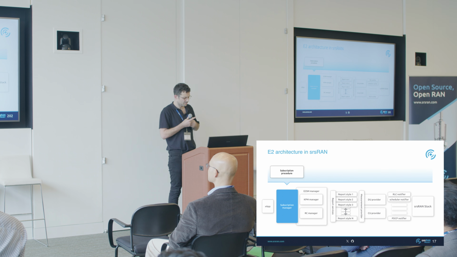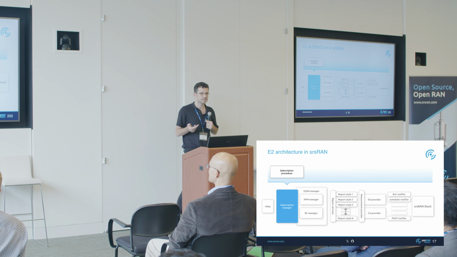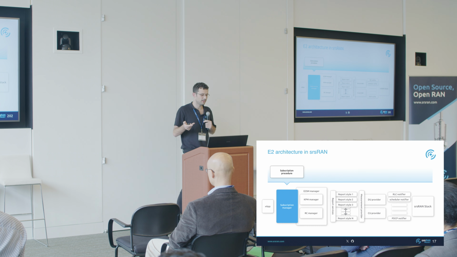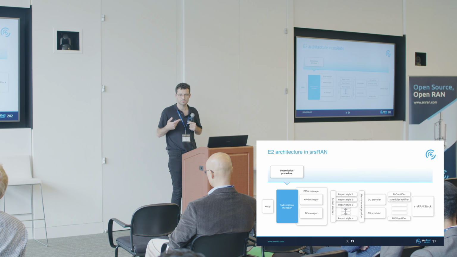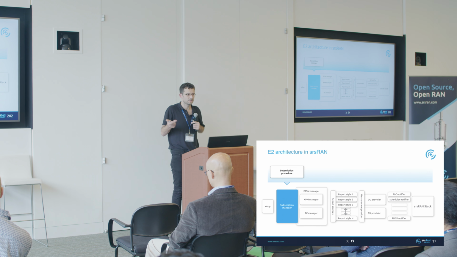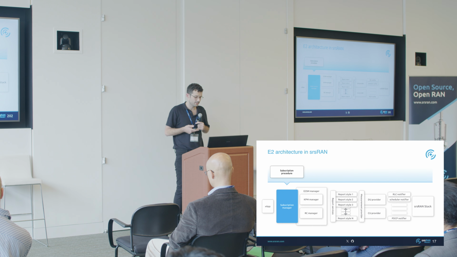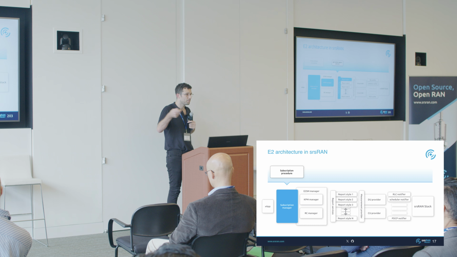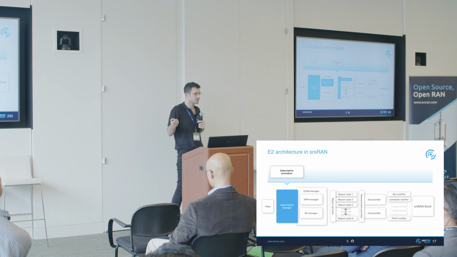The subscription manager will then check this against the database of what is allowed by this particular node. It will have set up, through the E2 setup request and response, an agreed-upon set of actions and services that are enabled in this particular connection. If the subscription procedure meets those criteria, it'll be allowed to continue and create the different objects that it's going to use throughout the subscription lifecycle.